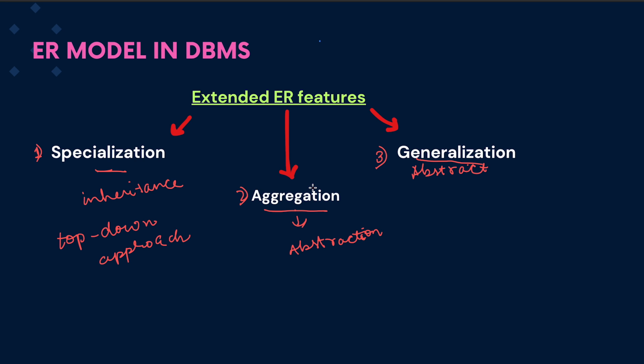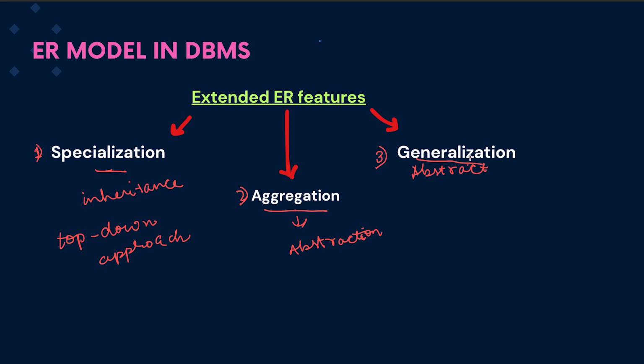So when the structure becomes very complex, we aggregate the higher level entities, and then we establish a relationship between two entities. So in aggregation, we do abstraction of the higher level entity into one entity, and then we establish the relationship. Again, if you're not understanding, no worries, we would be looking in depth at all these in the next set of videos.